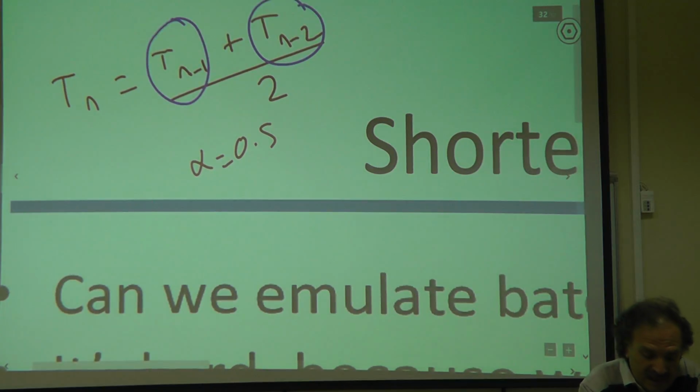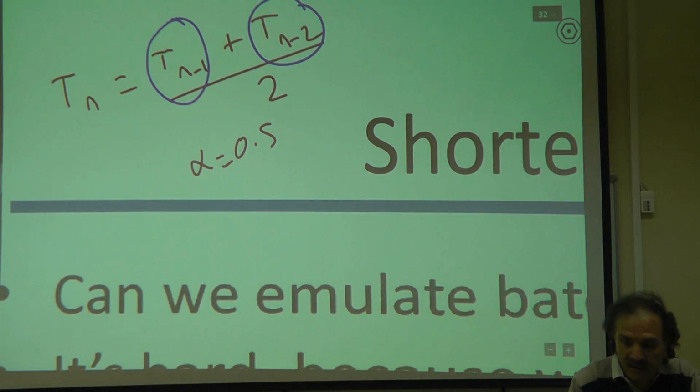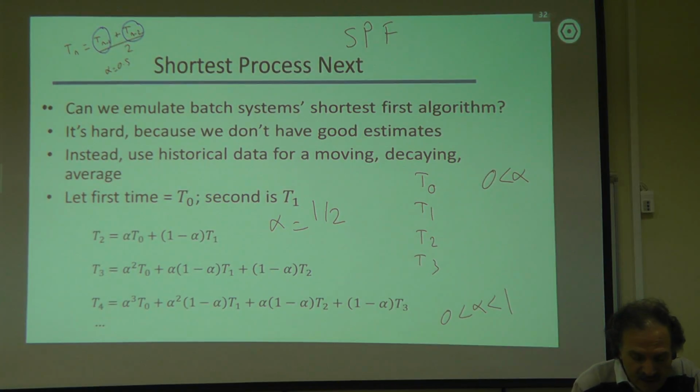Add these two, divide by 2, and you get the new estimate. Next time you use it and continue this way. It becomes a very easy to calculate formula, so this formula is used a lot. It's called the aging formula.